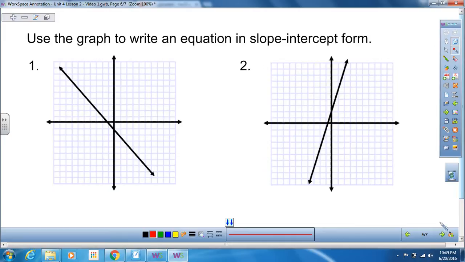Alright, now I want to work backwards. I'm going to use the graph to write the equation. So what I need to identify is my slope and my y-intercept. Okay, so y-intercept's the easiest to figure out, so that would be -1. And then when we want to find slope, remember we find just another point that we can tell that our line goes through.